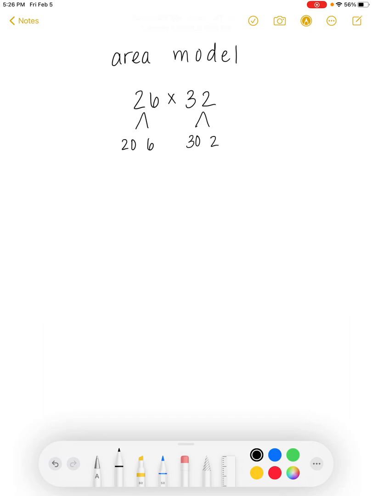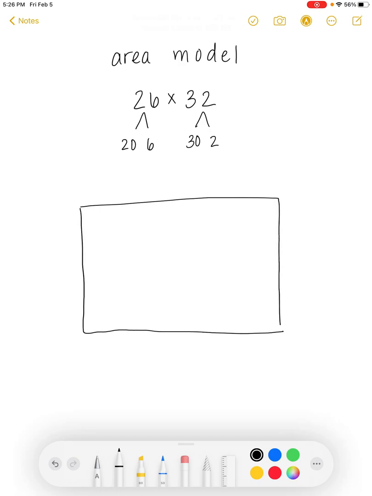And I'm going to create a model of this using a rectangle and using my knowledge of length times width to help me solve this multiplication problem. I'm going to take my longer side, 32, which I've broken into 30 and 2, and label those and draw a line in between.